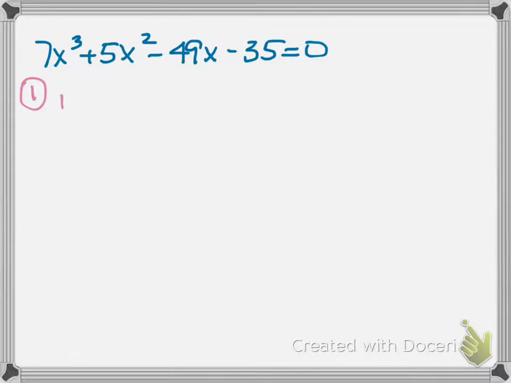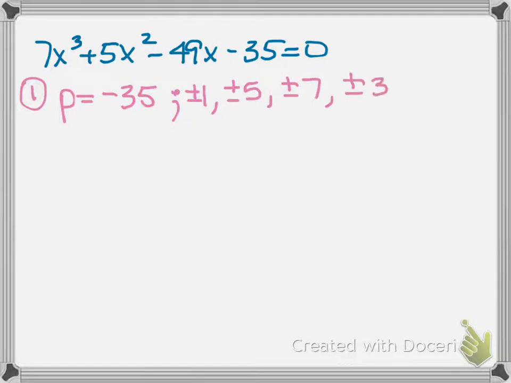what are our possible roots? P equals negative 35. So those factors are positive or negative 1, positive or negative 5, positive or negative 7, and positive or negative 35. Q is 7, so positive or negative 1, and positive or negative 7.